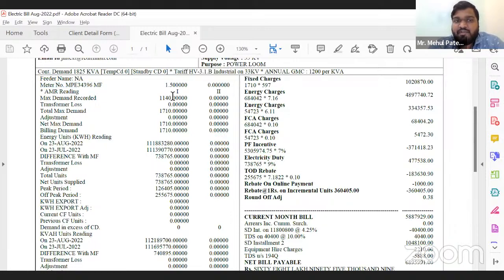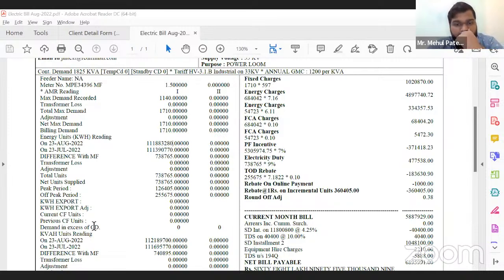When you multiply 1140 by 1.5, you get 1710 kVA. So 1710 kVA is the maximum demand captured in this month of August.